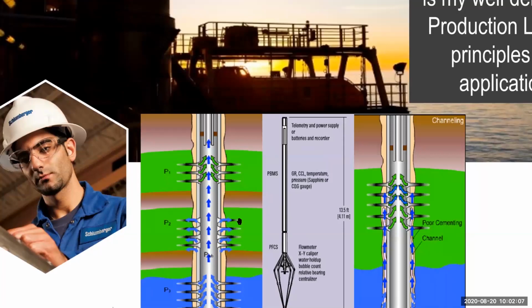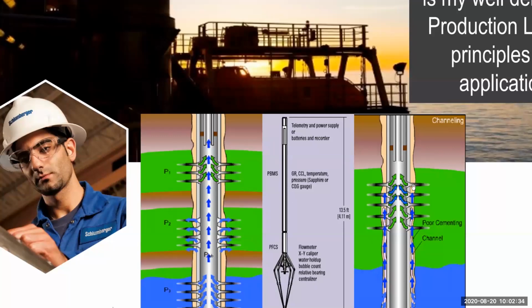And then zone number 2, P2, is taking some of this water. And this can happen because the pressure in zone number 3 is higher than the pressure in zone number 2. And then we see that some of the water is being produced, and zone number 1 is basically producing only hydrocarbon.